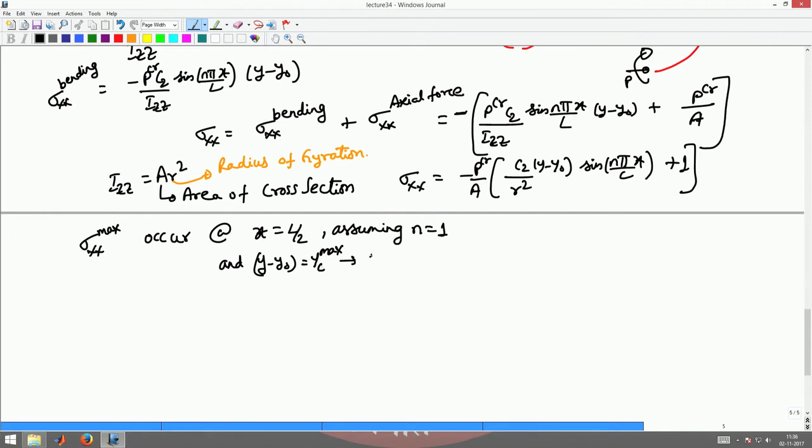In compression, y max is the maximum distance from the neutral axis to the compression fiber, which will be on the top usually.